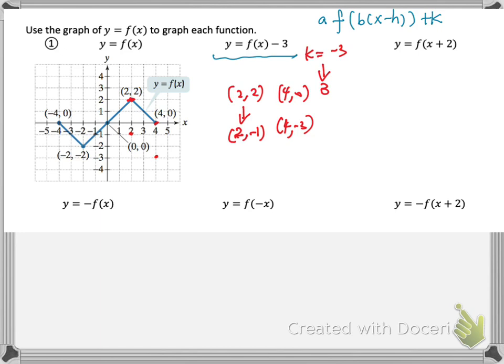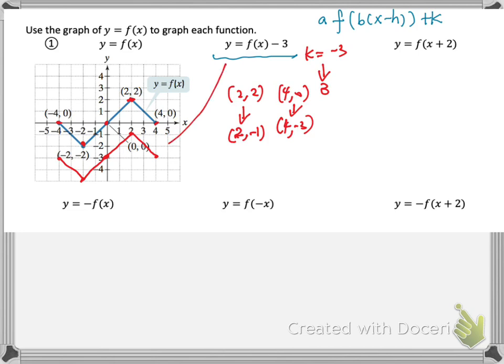And then 0, 0, you move these special 5 points, and then you get the answer. 0, 0 moves to 0, negative 3, and negative 2, 2 moves to negative 2, negative 5, and then the last point moves to here. So this is our picture, right?